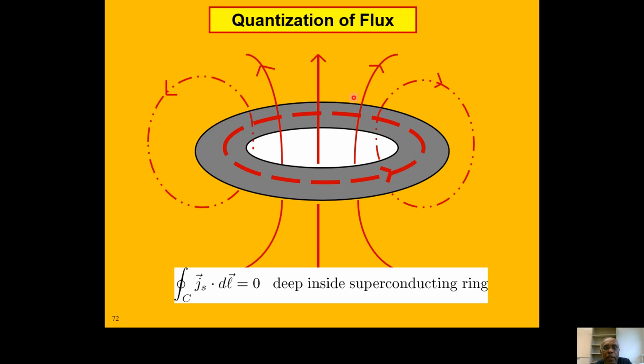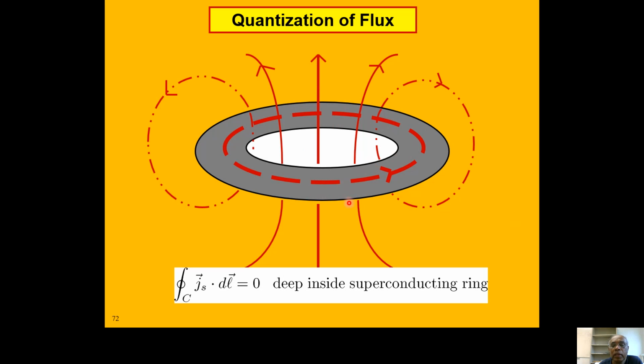Just assume I have flux. If you change the flux, we have a supercurrent, right? Because of Faraday's law, if you apply a magnetic field, initially zero, we will have a supercurrent. But that supercurrent cannot stay deep inside the superconductor.